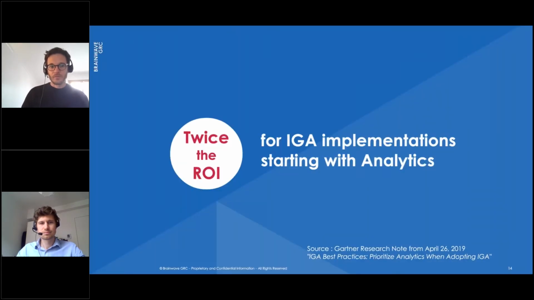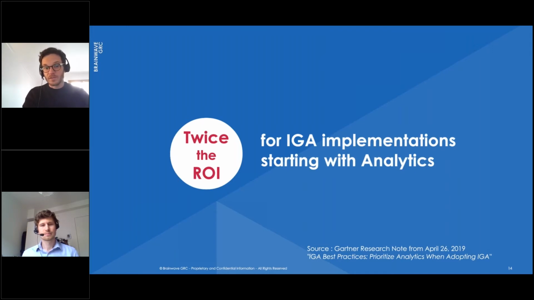And to finish with this, last statement from Gartner, I know we are quoting them a lot, but I think they had a good vision of the market and the way to deploy these IGA projects.